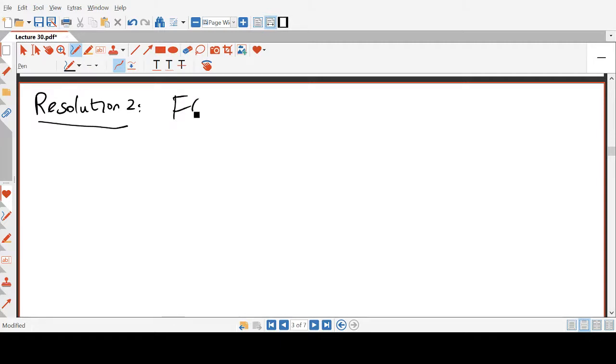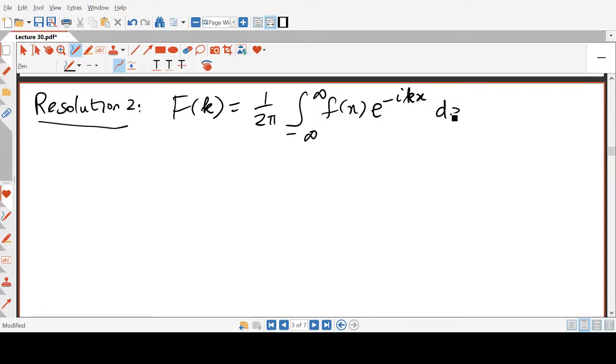So f hat of k, you recall, is 1 over 2 pi times the integral from minus infinity to plus infinity of f of x e to the minus i kx dx. Now, put k to be minus k. Let's consider f hat of minus k. It's like taking the negative. See what happens here?